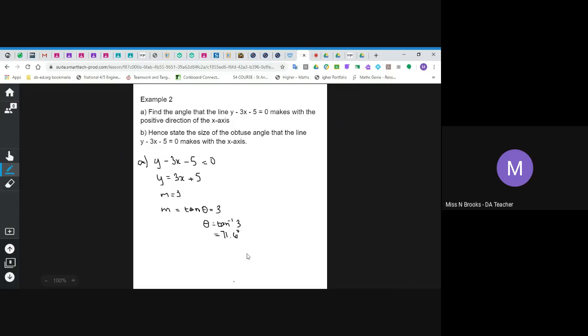So imagine that our line's going at a gradient of 3, it's cutting through the axis at 5, and it's making an angle of 71.6. Now, it's asking us then to state the size of the obtuse angle that the line y minus 3x minus 5 makes with the x-axis. And again, we're going back to thinking about our CAST diagram.